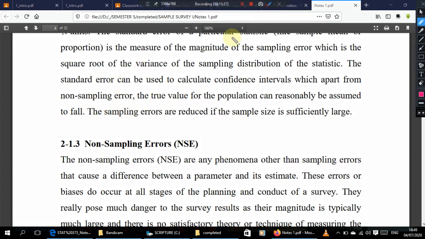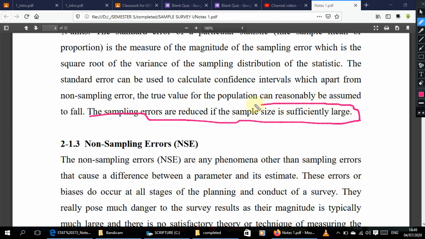Now, what you will do to minimize the error is to increase the sample size, okay.